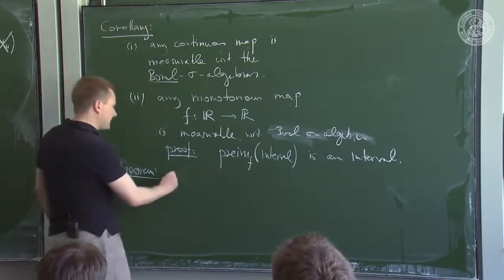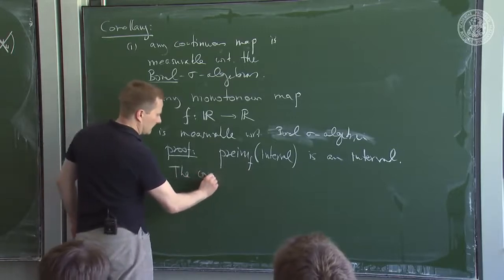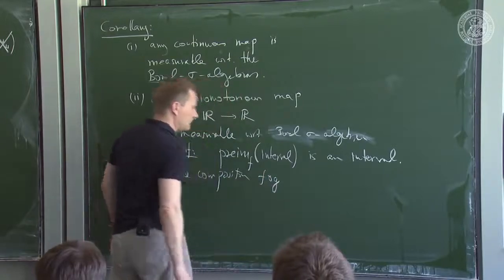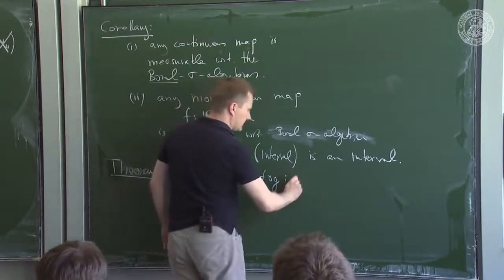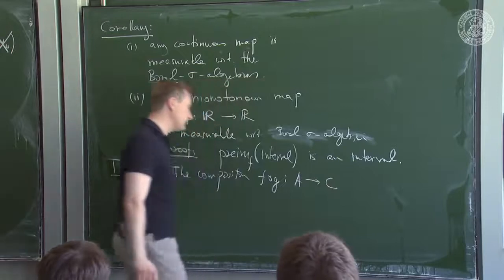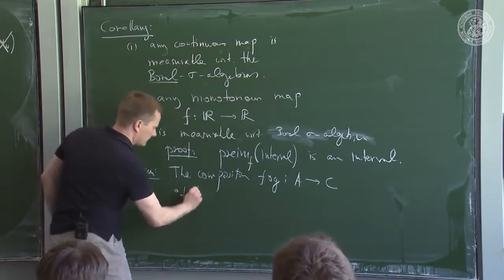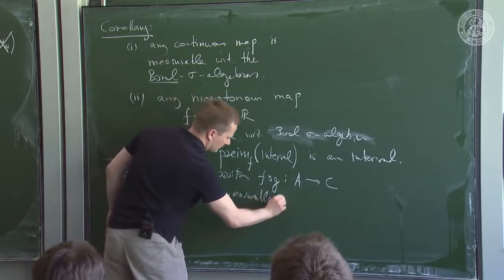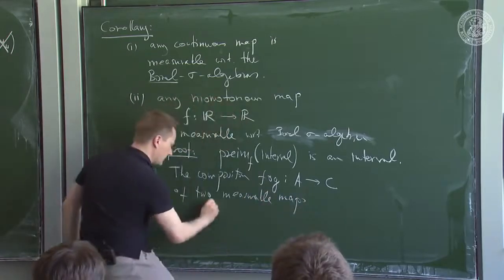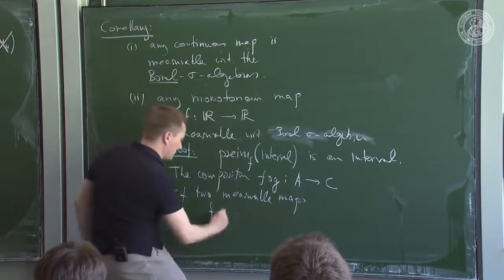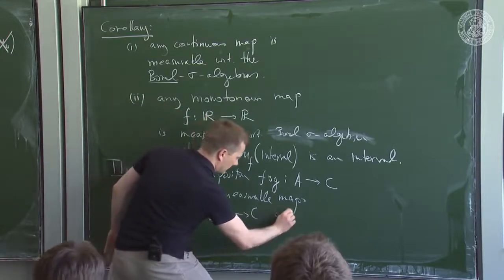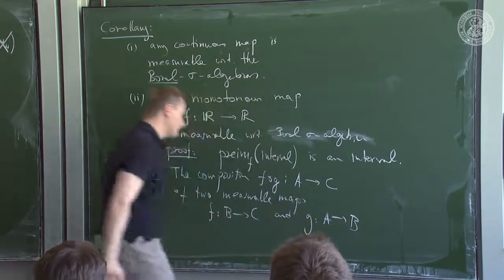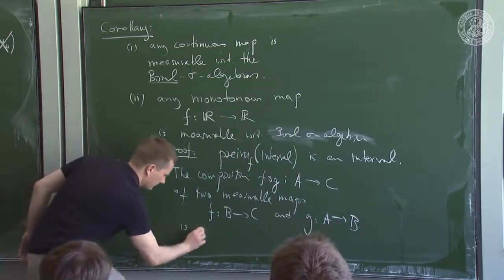The composition F after G from a set A to a set C of two measurable maps, F from B to C and G from A to B, is again measurable.